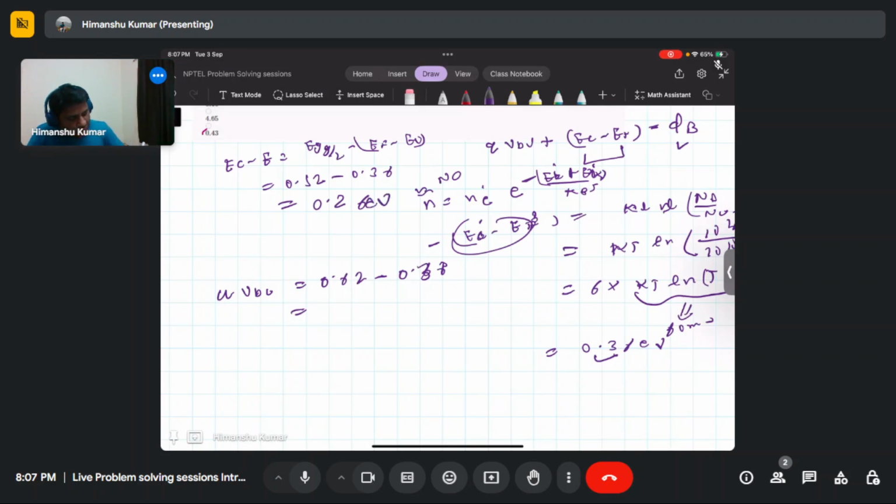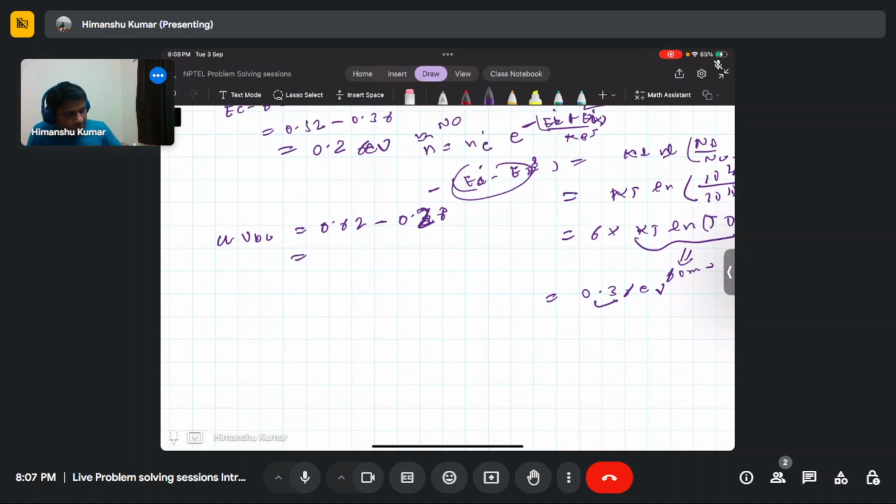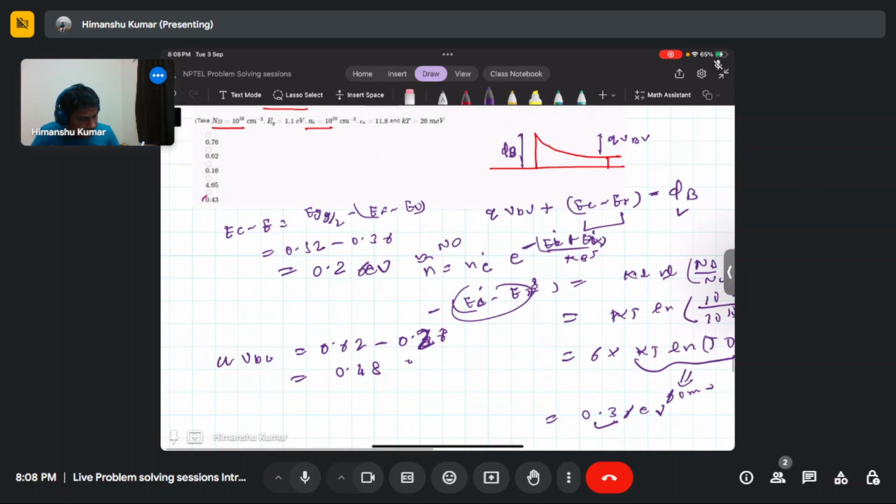If you put 0.26 here, you will reach around 0.48 electron volt, and the closest answer is 0.43 electron volt.